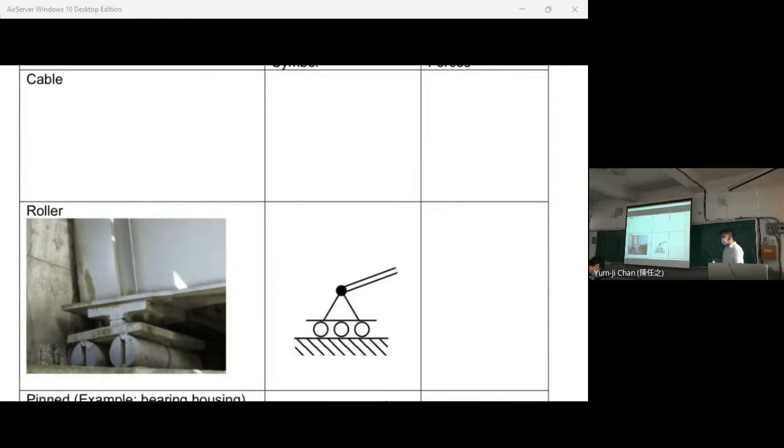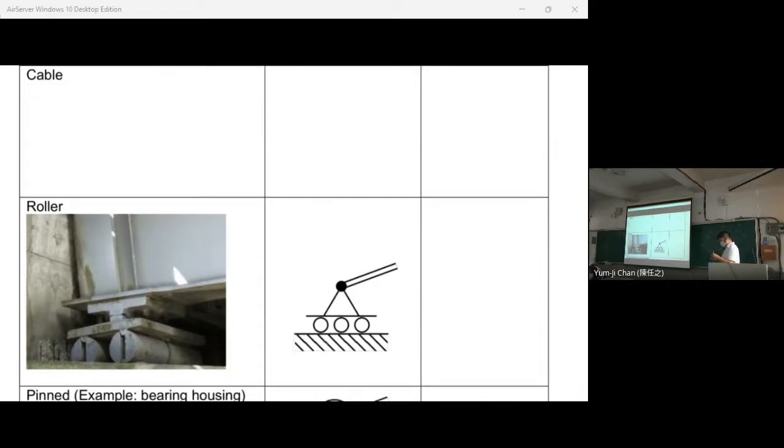In 2D problems, we have four major types of supports. The first one is cable.